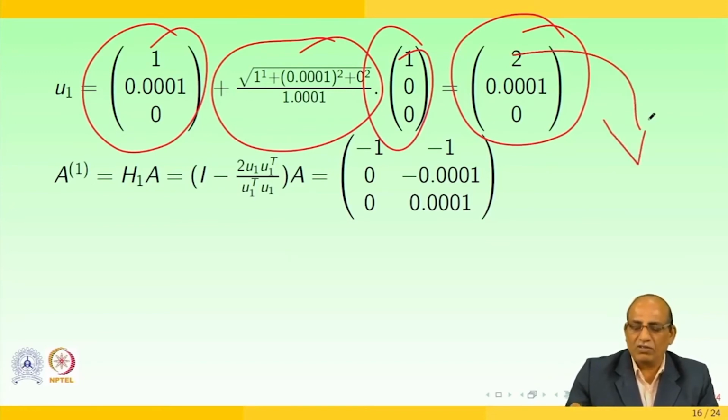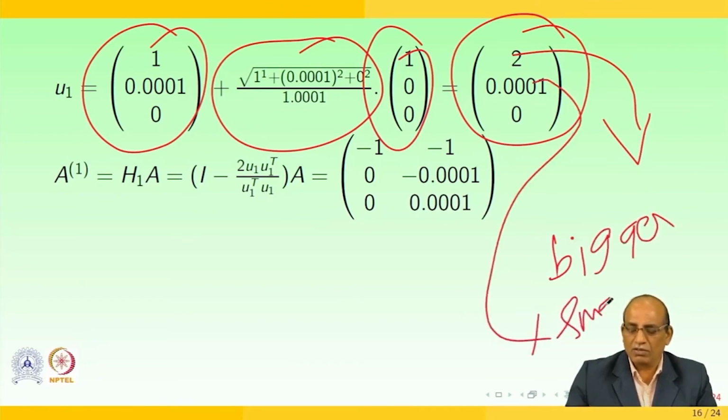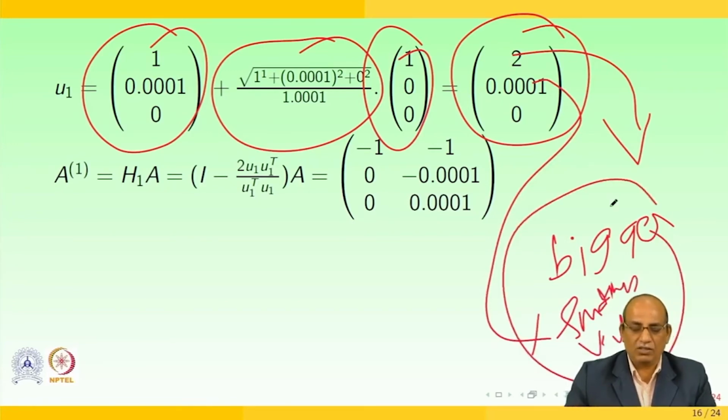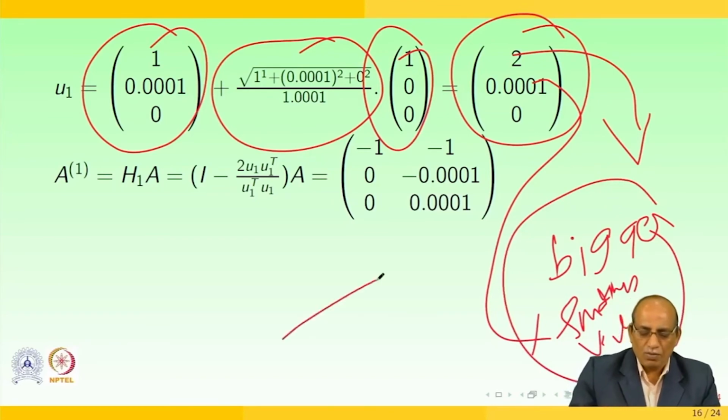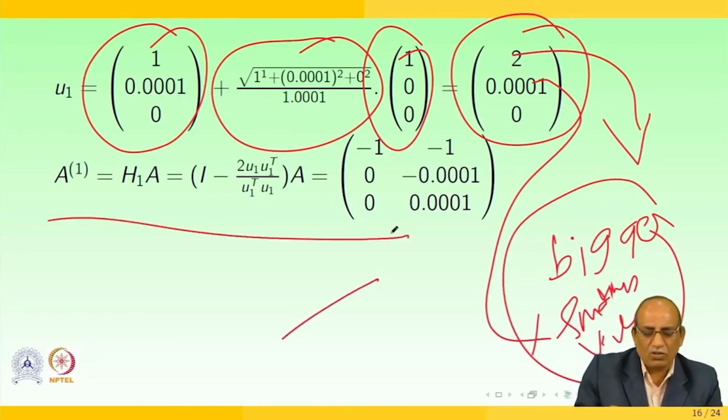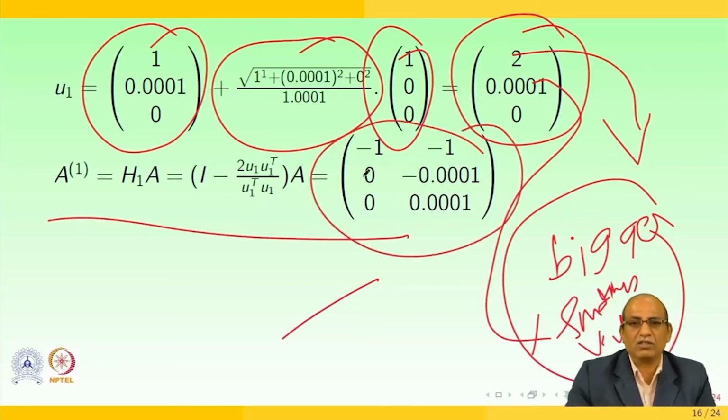So this is a bigger value, and this is the smaller value, apart from the 0. So you have A1 is equal to H1 A, that is I minus 2u1u1 transpose into A. So you get this matrix.